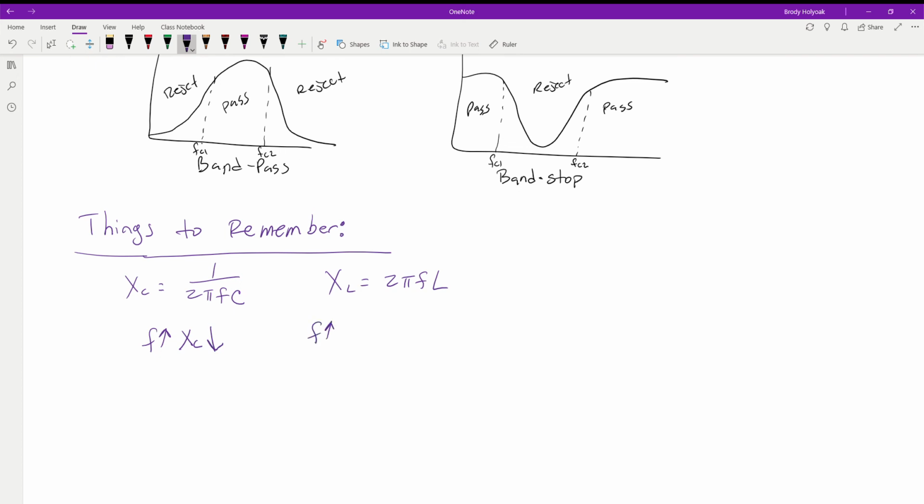As frequency goes up, the X of L, inductive reactance, goes up. To find our critical frequency, that is going to be at a point where our resistance equals the reactance. And at resonance, we find that our X of L is equal to X of C.